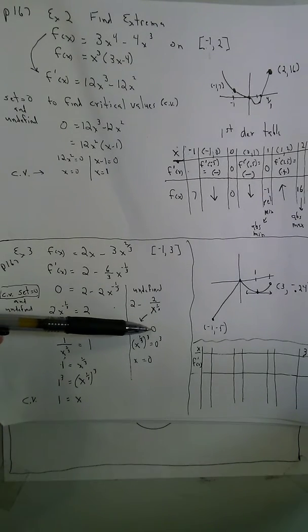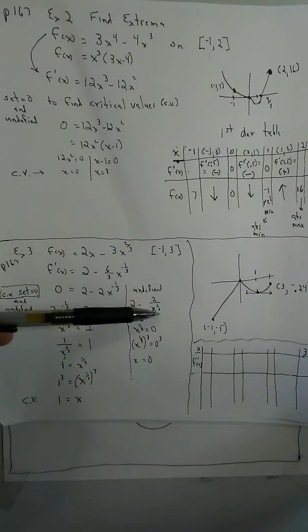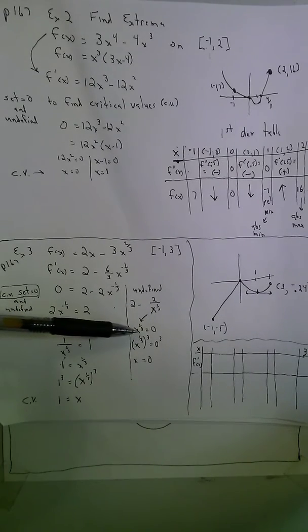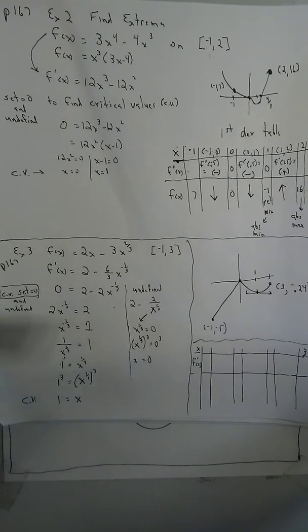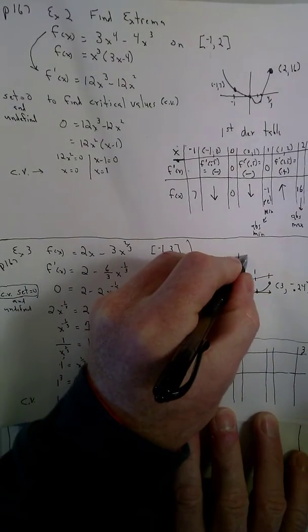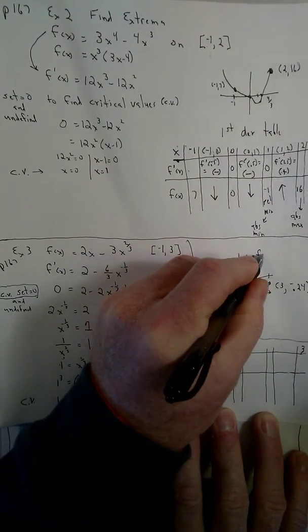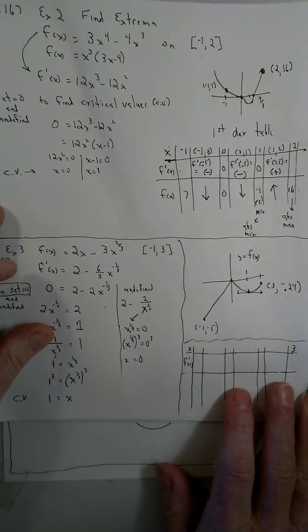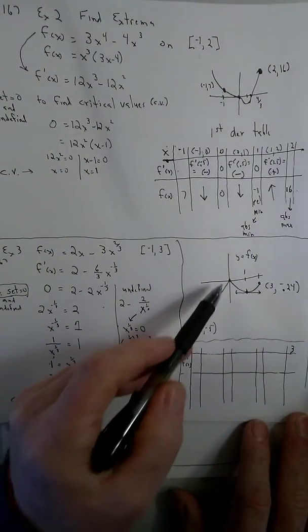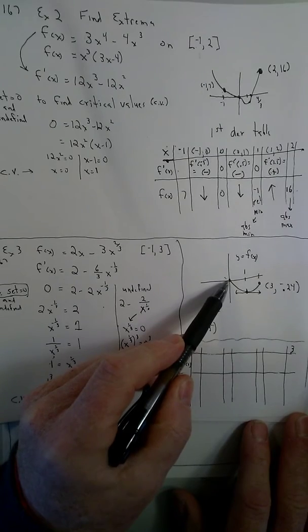So if I set just the denominator equal to 0 and now solve, again, raise both sides to the 3rd power, I get x equals 0. So at x equals 0, the original function, remember this over here is not the derivative, we're investigating the original function. So right there at x equals 0, we have a corner. So this is also a critical value.